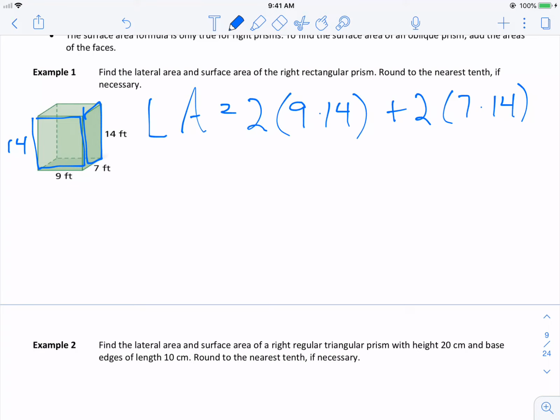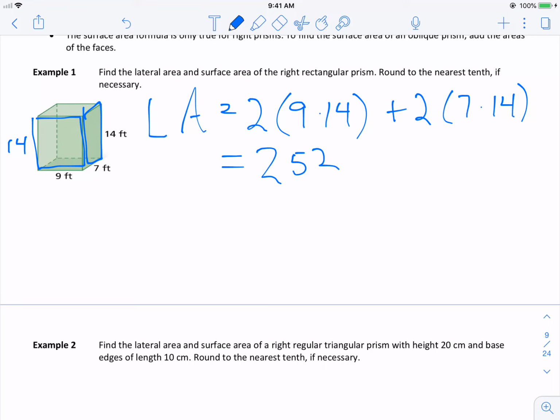So we can work this all out, and we should get the total lateral area of all four faces wrapping around the outside of this right rectangular prism. So 2 times 9 times 14 gives us 252.